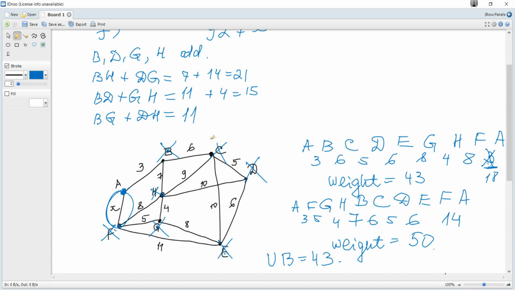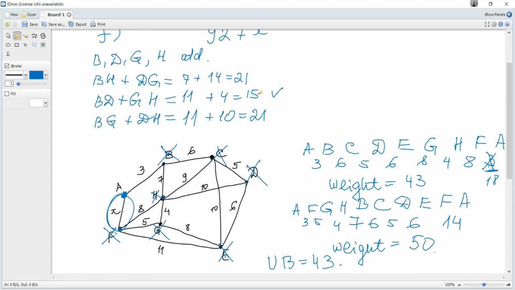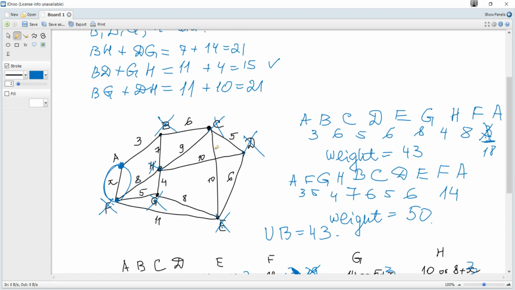And BG plus DH, where is DH? DH is 10, so it's 21. And we choose the least weight, it's 15, so it's BD plus GH. BD, which is 11, is actually BCD, so it becomes like this, plus 4 for this.